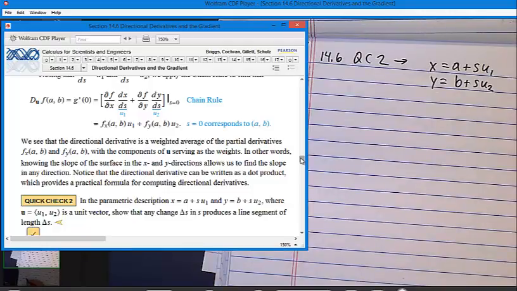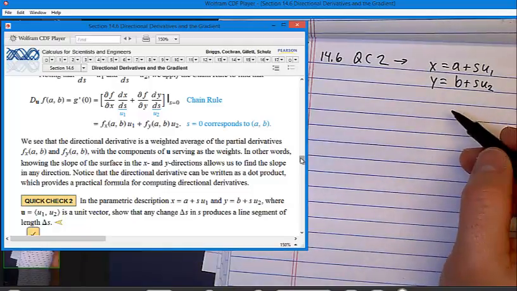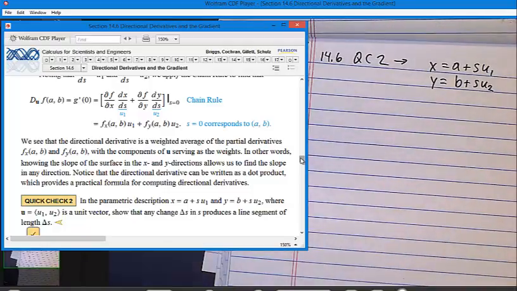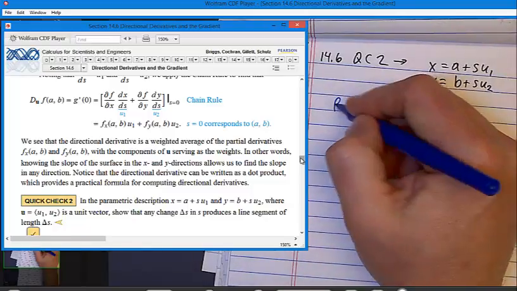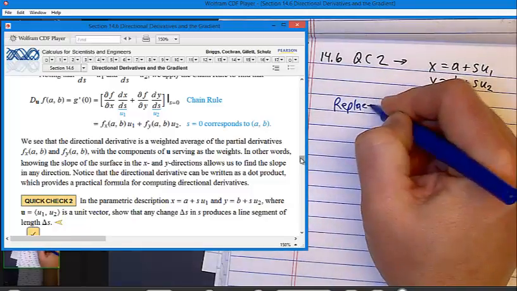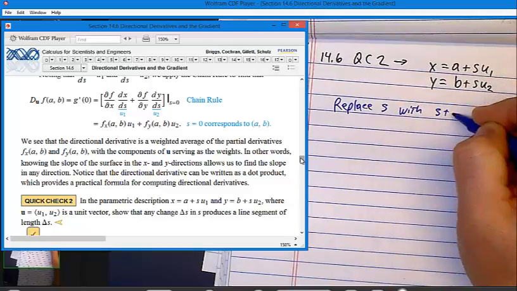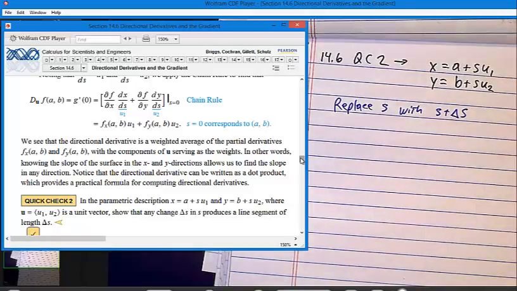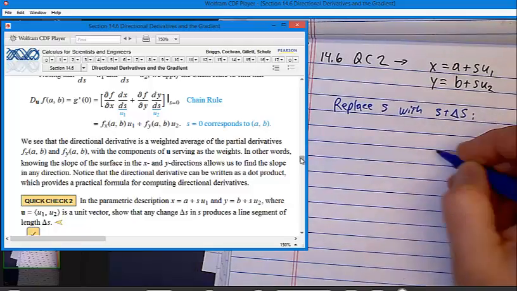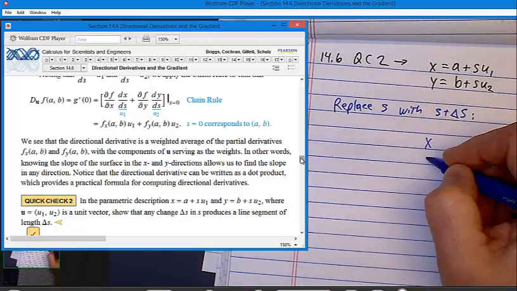So if instead I change S, so replace S with S plus a little bit more. I think that's what they're saying, right? So if I do that, I'll get some other points.